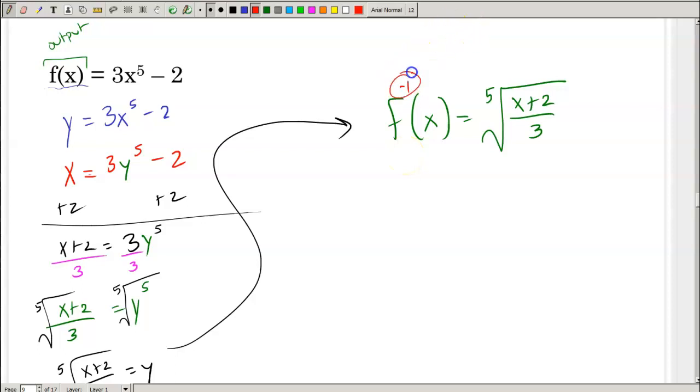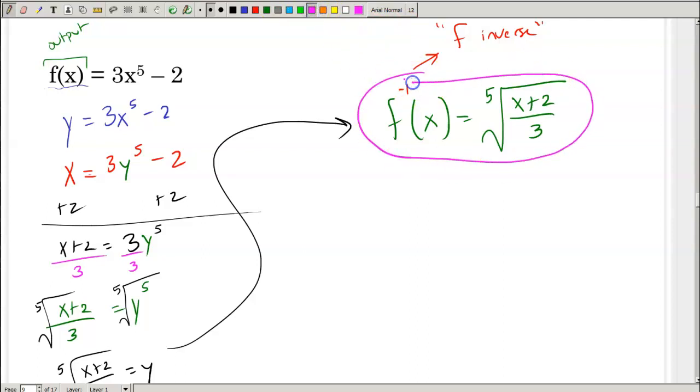You would say that as f inverse of x. That's not actually raised to the negative 1, it's just notation saying that we had a function f, and now this function is the inverse of f. So it's to distinguish it from the original function.